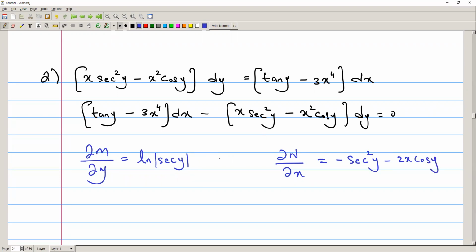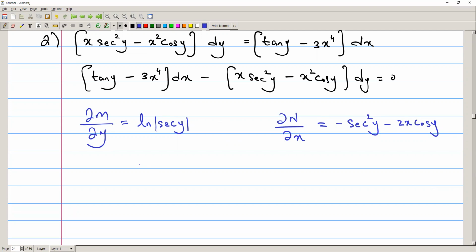All right, so now we can check whether ∂M/∂y minus ∂N/∂x, divided by N, is a function of x or not.